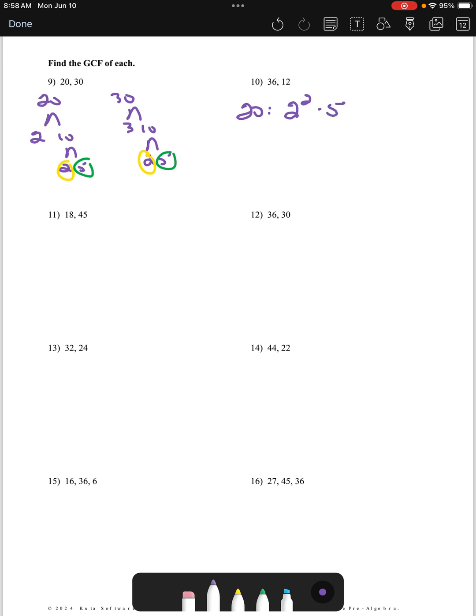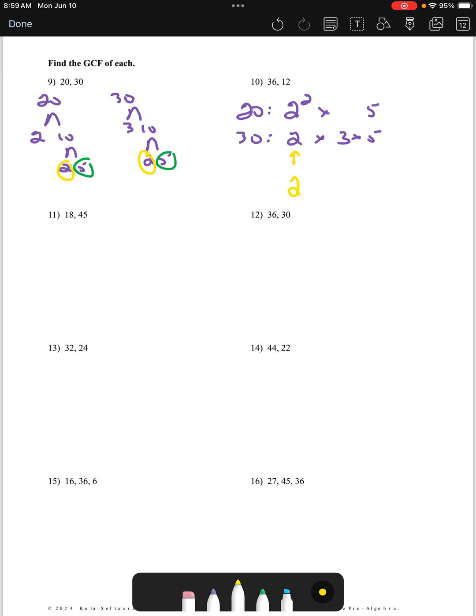Alternatively, still using this list though, and I'm just going to do it to the side here, 20 is 2 to the 2nd power times 5. 30 is 2 times 3 times 5. So if we look at both of these and say, okay, what's the same in both?